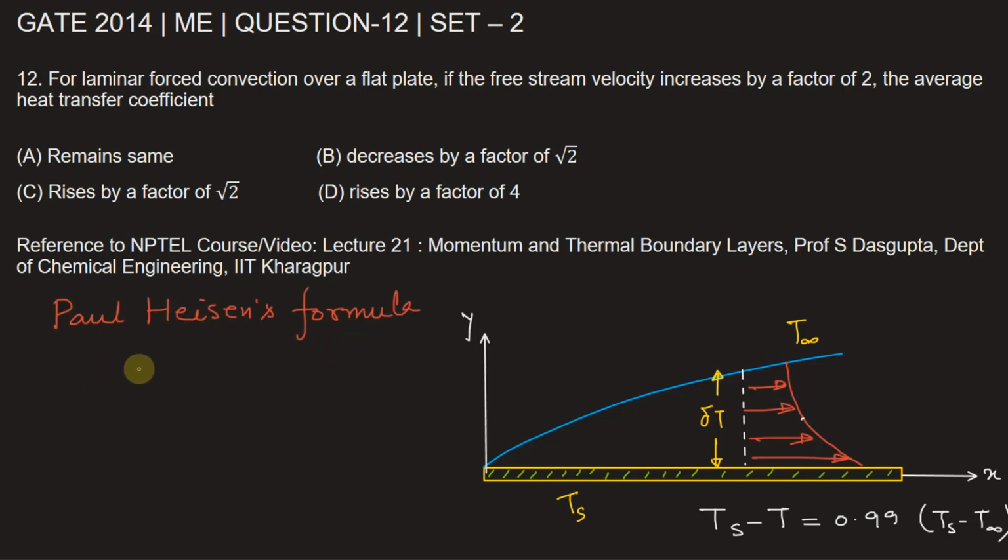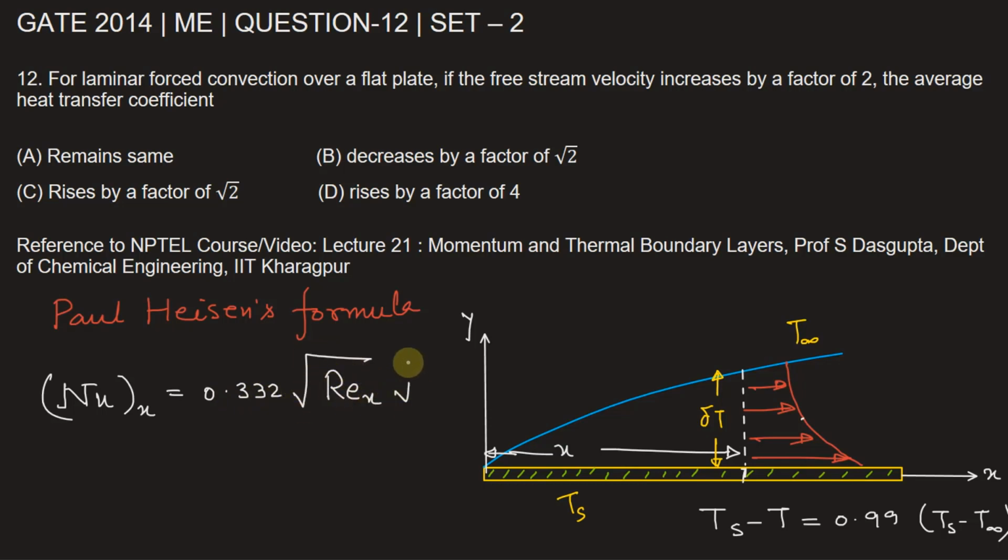According to Pohlhausen's formula, the Nusselt number at any location X from the leading edge of the flat plate is equal to 0.332 times the square root of the Reynolds number at that location into the cube root of the Prandtl number.